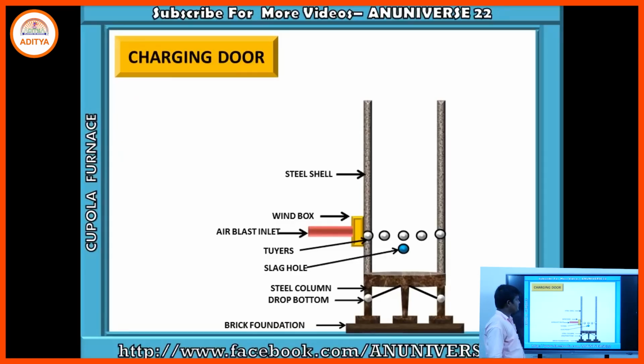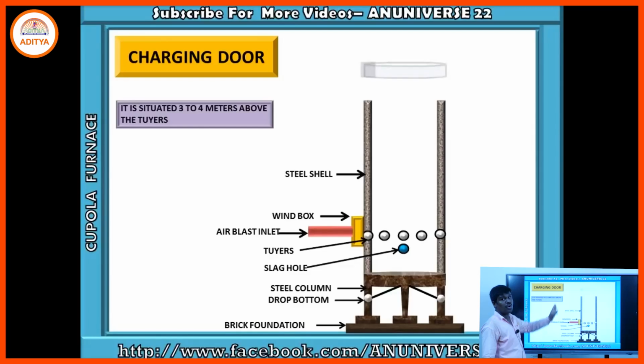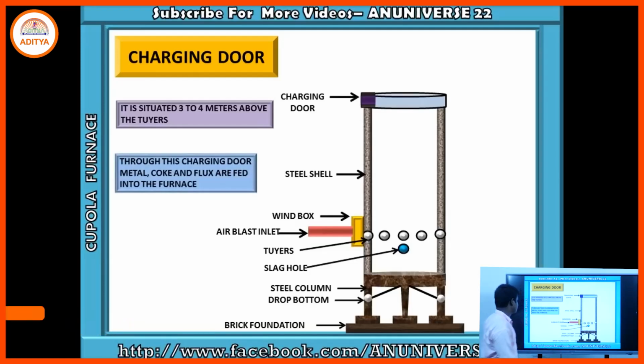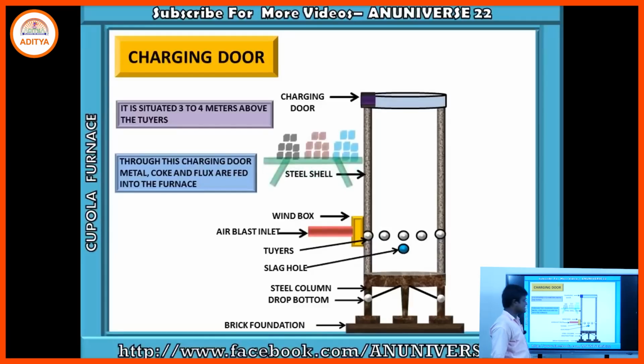Charging door. The charging door is situated about 3 to 4 meters above the tuyeres. Through it we pour the metal, coke and flux into the cupola furnace.